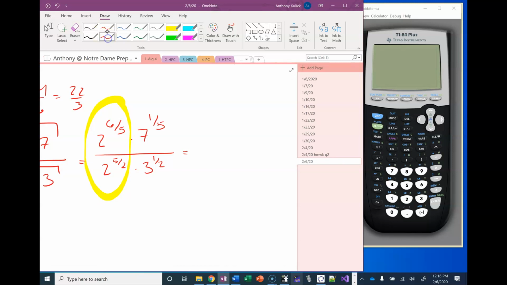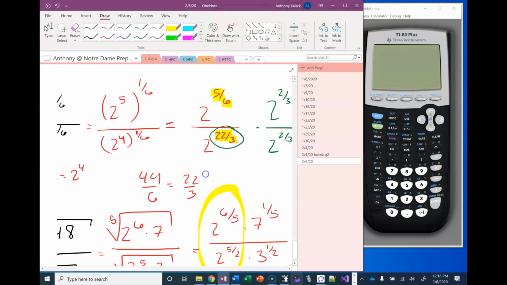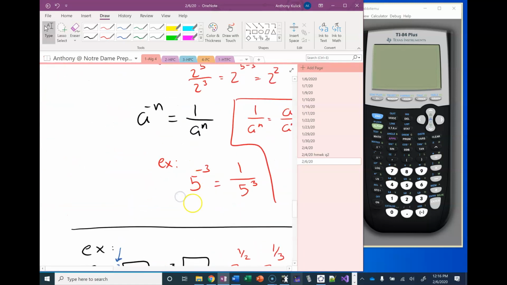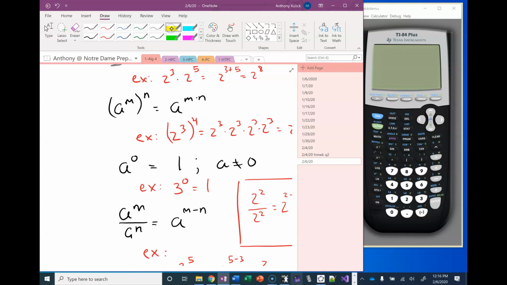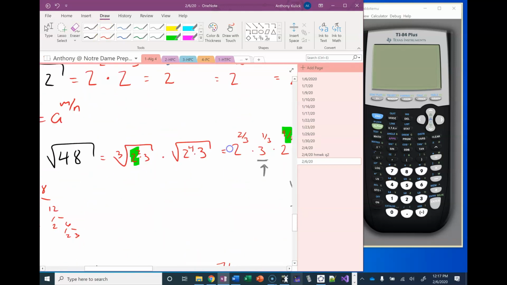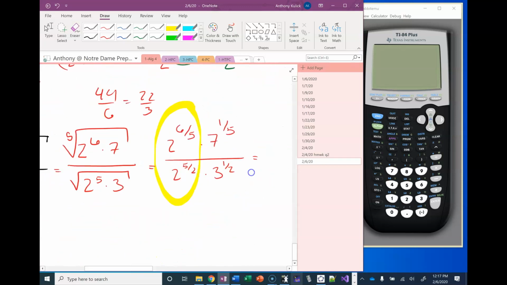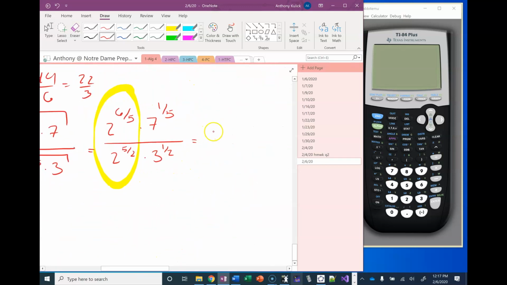How do we combine them together? If I think back, looks like this property to me. Do you guys agree with that? Okay. So what am I going to write here? I have 2 to the 6 over 5 minus 5 over 2.